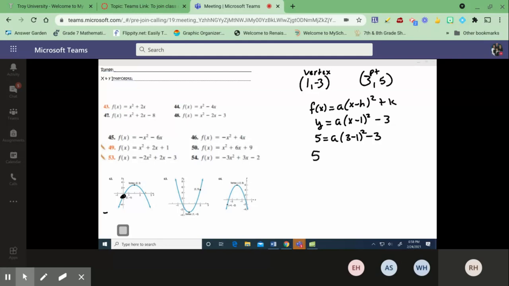So 5 equals a times 2 squared. I'm going to add that 3 to both sides. And 8 equals, 2 squared is 4, 4a. Divide by that 4, and a equals 2. Okay?